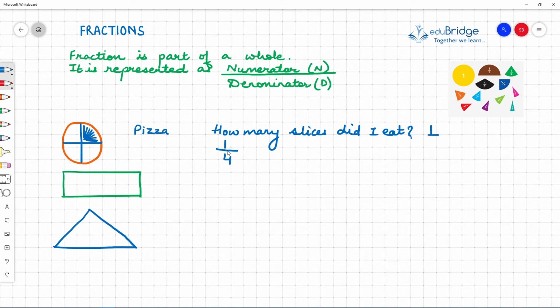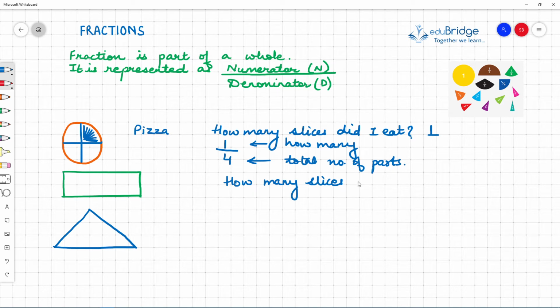So the numerator, which is 1 here, represents what has been asked to you, and the denominator represents the total number of parts.